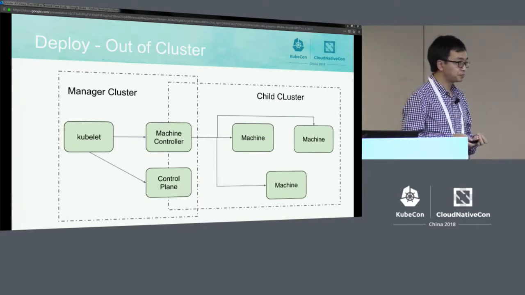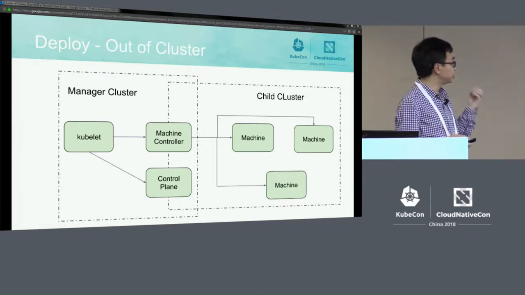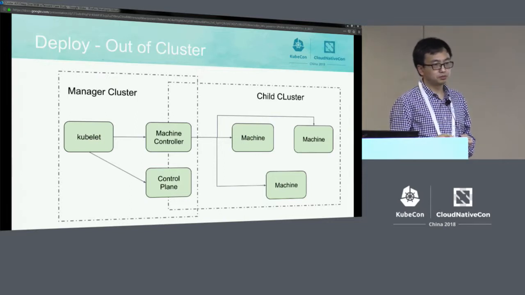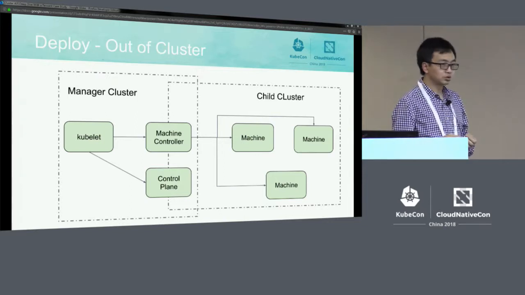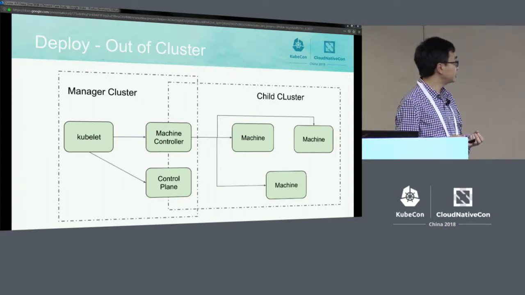There's another deployment called out of cluster. So the manager cluster and child cluster. So for the control planes, they are deployed on the manager cluster, so they are just seen as a normal pod.